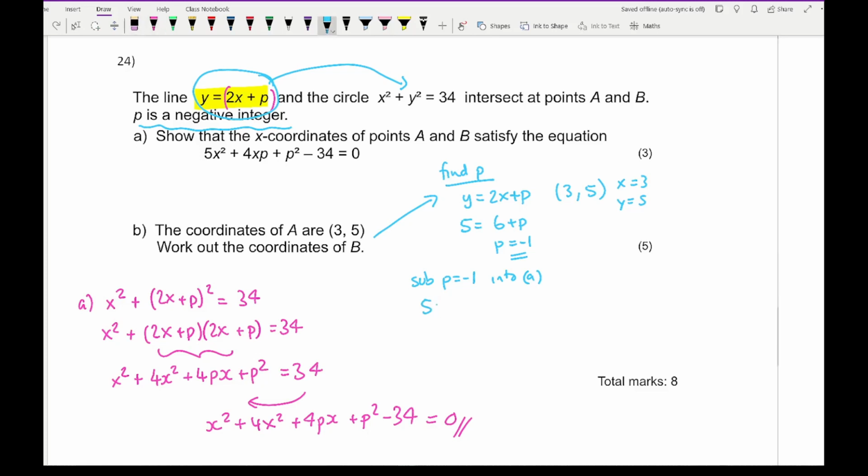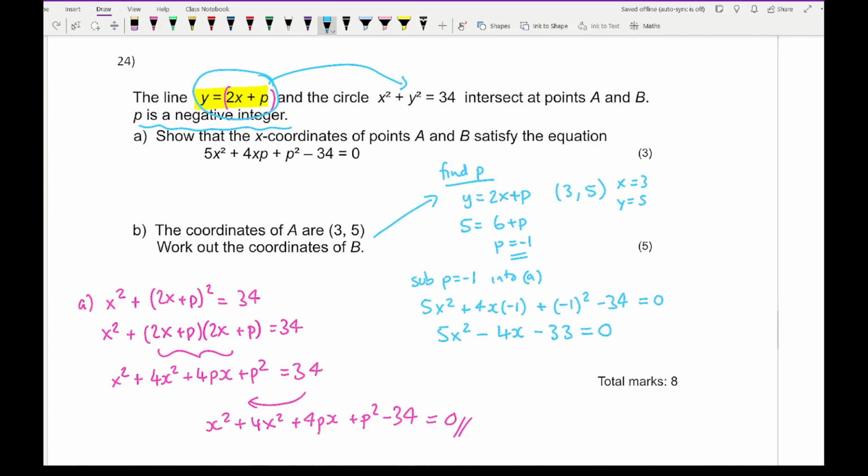So 5x squared plus, let me just actually show you what I'm doing. So 4x times minus 1 plus minus 1 squared minus 34 equals 0. So if I tidy all of that up, I get 5x squared minus 4x, and then that's going to give me plus 1. So it gives me minus 33 equals 0.